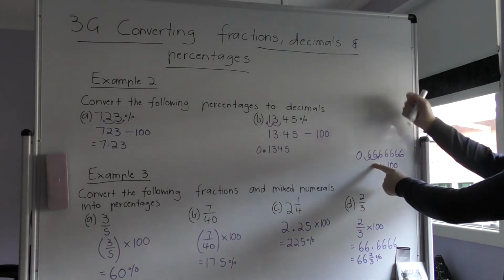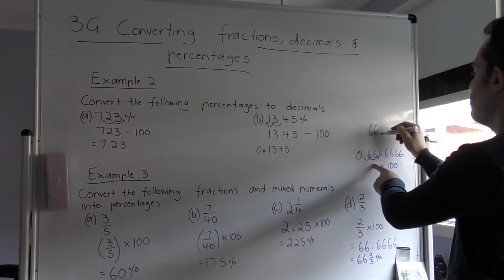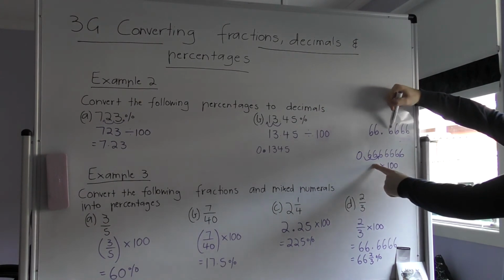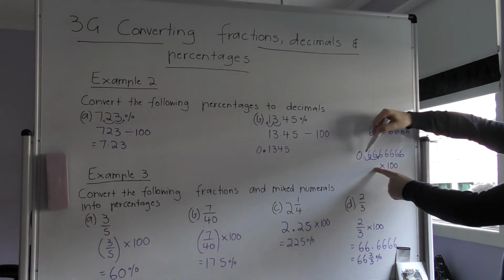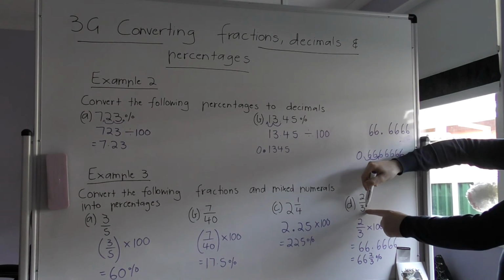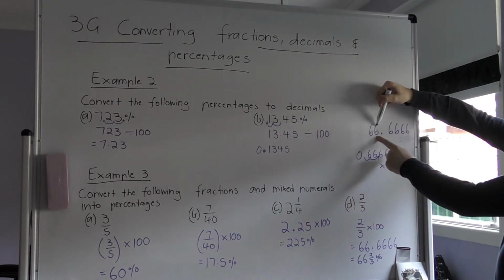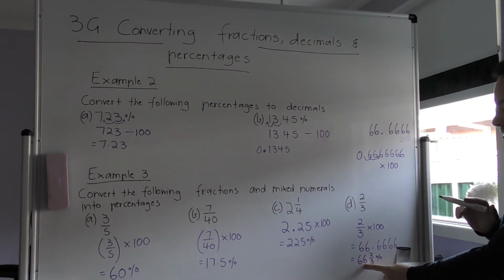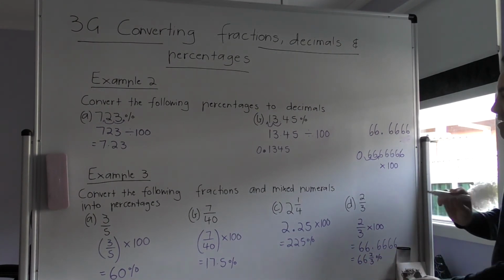So you would end up with 66.666 recurring. We know that this 0.666 is 2/3, right? So we've got 66 whole plus 2/3. So we can write it as 66 and 2/3%.